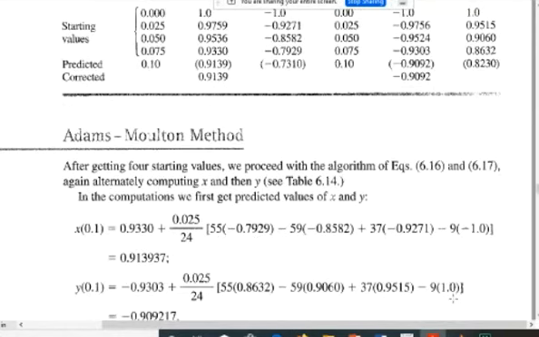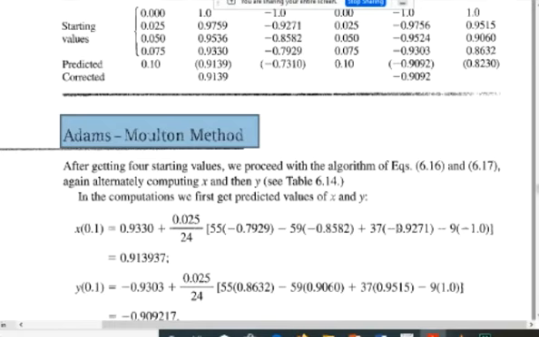Other approaches we have studied in the previous meetings, for example, for single differential equations, can be applied to a system of differential equations, which is the next. You can see we can apply the Adams-Moulton method in this case as well.